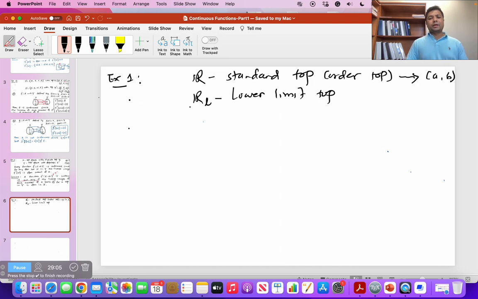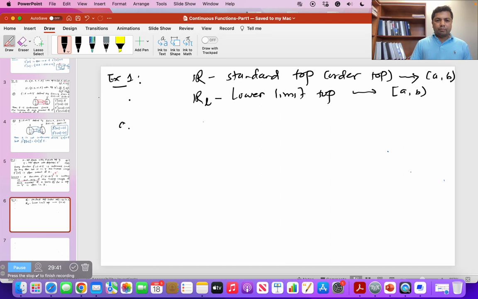This is the notation we used in the first section. R_L means the lower limit topology, and the basis elements are half open intervals, left side included, right side not included. And the basis elements for the standard topology are open intervals, both sides not included. So we have those two topological spaces with their respective topologies on R.